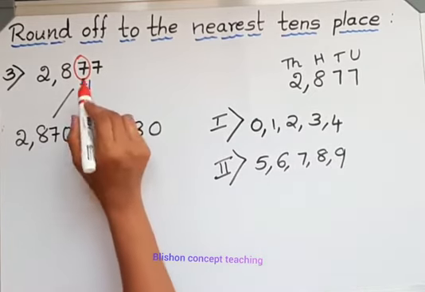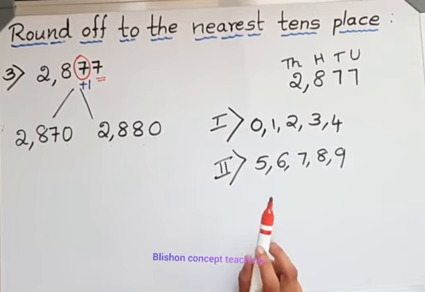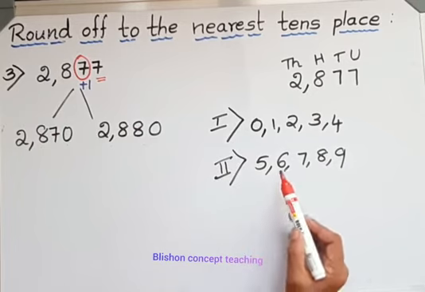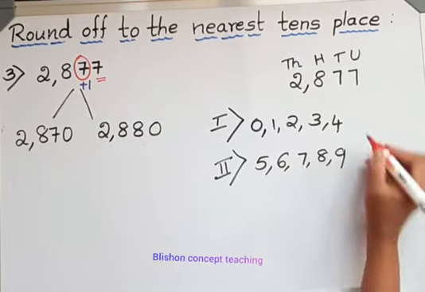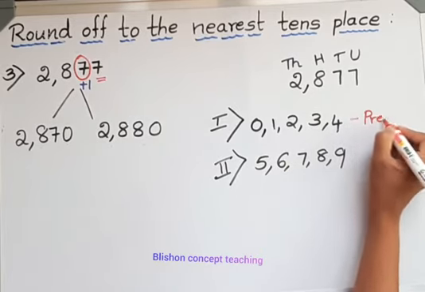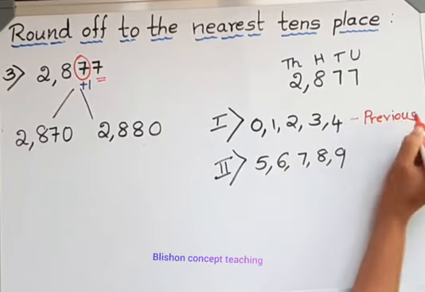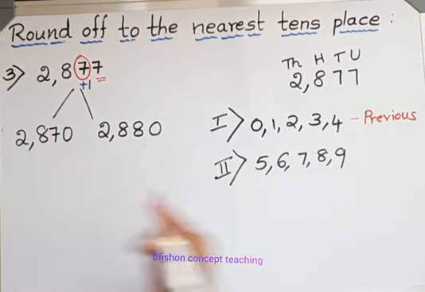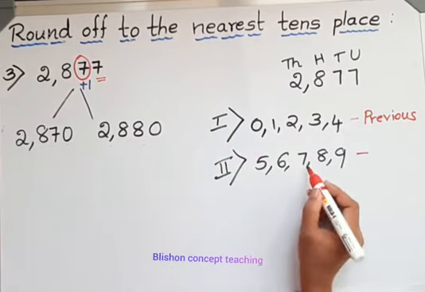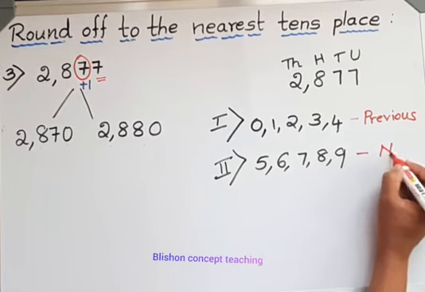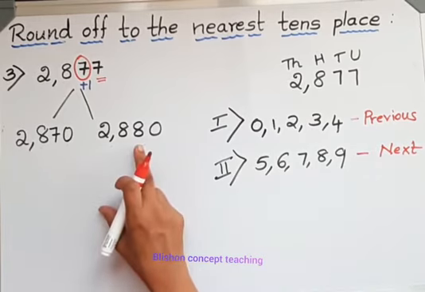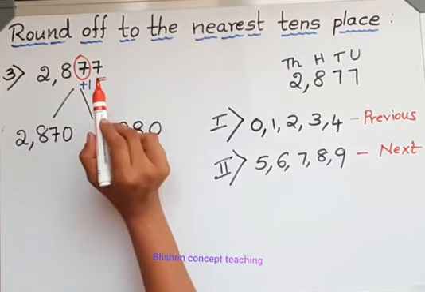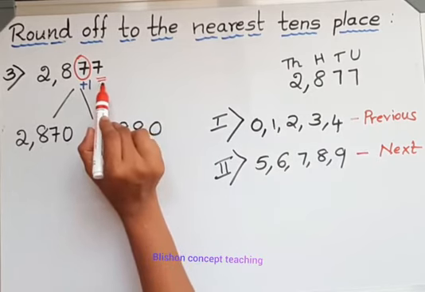After the tens place, if the digit is 0, 1, 2, 3, 4, we will round up for the previous number. Suppose the digit is 5, 6, 7, 8 or 9, we will round up for the next number. See here, in this problem, here it is 7.